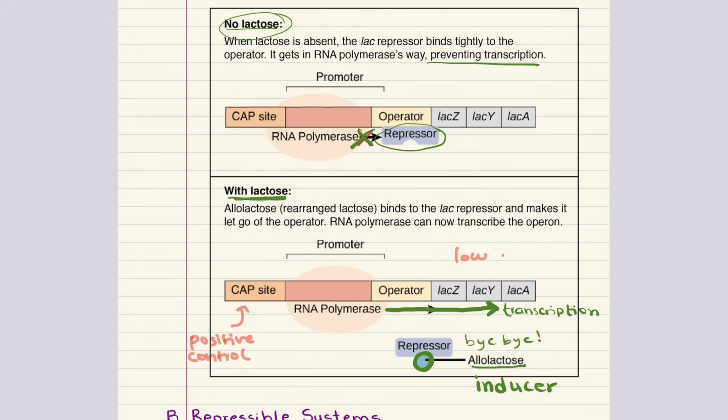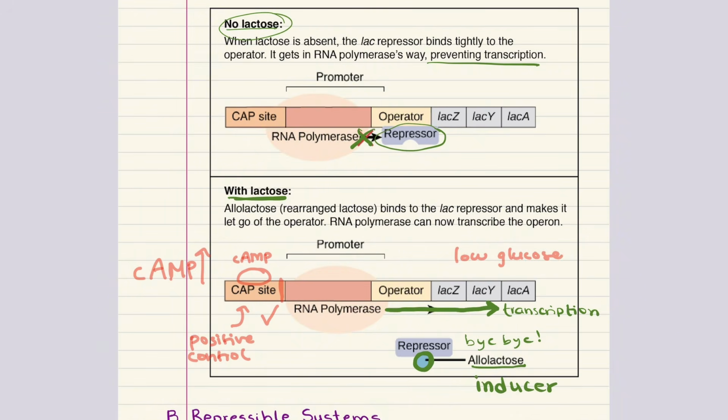So when glucose levels are low, the concentration of a signaling molecule called cyclic AMP increases in the cell. And cyclic AMP binds to CAP, and this complex then binds to a site near the promoter of the lac operon. And the binding of this CAP cyclic AMP complex assists RNA polymerase by making it easier for the polymerase to bind and initiate transcription.